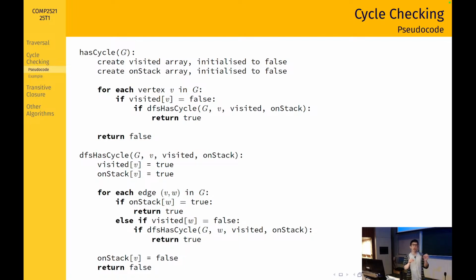Because let's say you have multiple paths to the same vertex, you're going to just follow all of those paths. I feel like that's what would happen. So using the on-stack array, which is separate from the visited array, makes sure that you only visit each vertex once. So it's a bit more efficient.